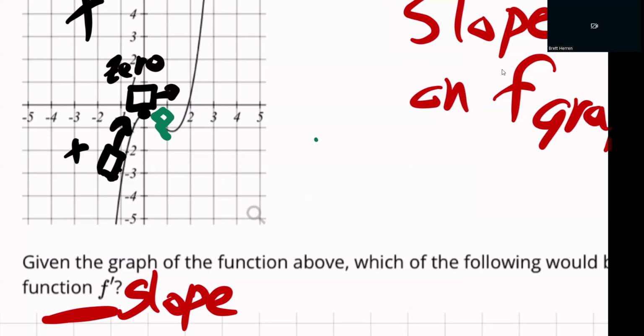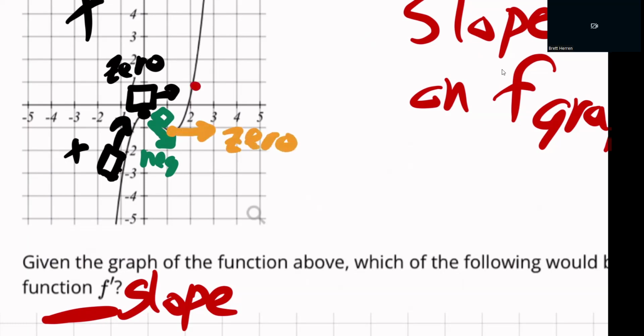Make it a little smaller. You're headed down, so your slope is what? Negative. And then at the very bottom, your slope is flat again, 0.